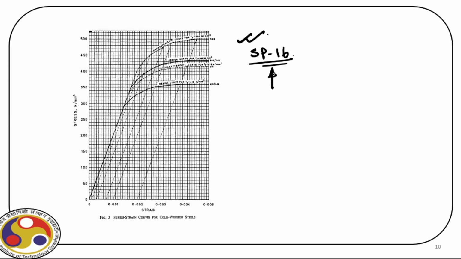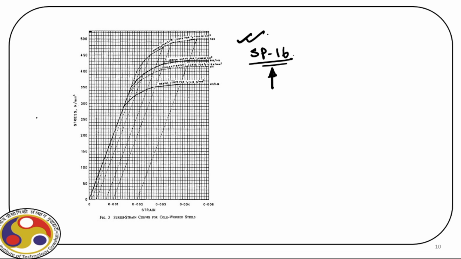There are also sometimes different design tables available. You can have these plots in tabular form, that also you can use, and in between two values of strain you can interpolate and find out the exact value of stress. So that's a standard procedure you follow. Nevertheless, this example gives you an idea how we are going to design a column under axial compression and uniaxial bending.